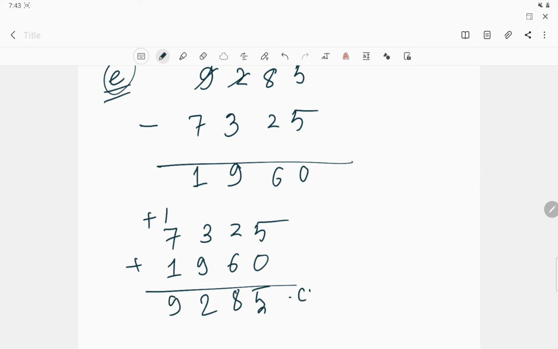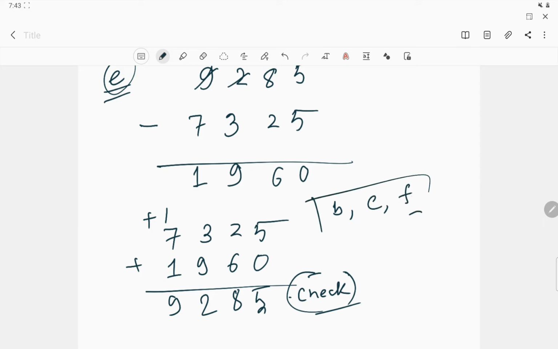So it is checked and you see it is our minuend. So our answer is right. So question number B, C and F, this is our home task. Please do it in your copy.